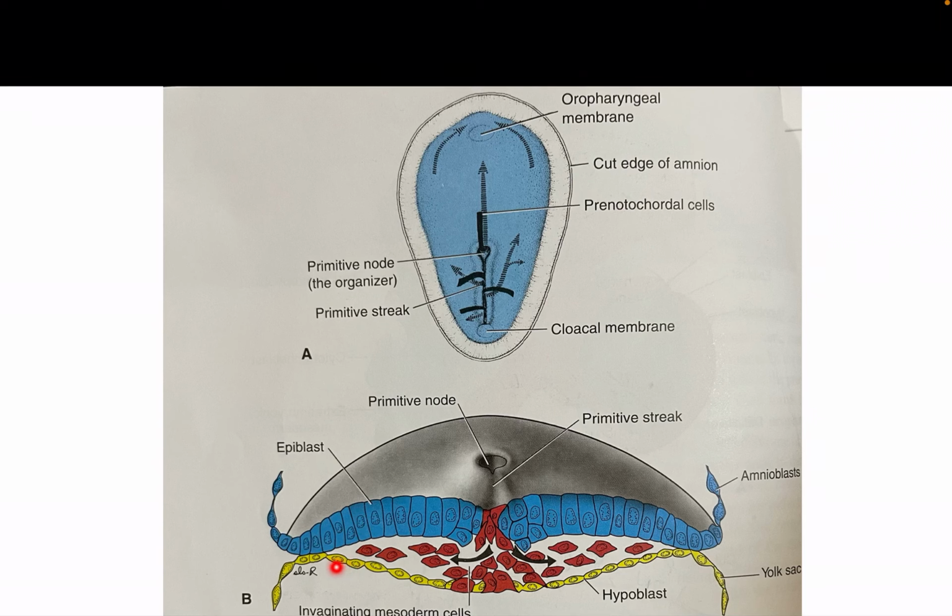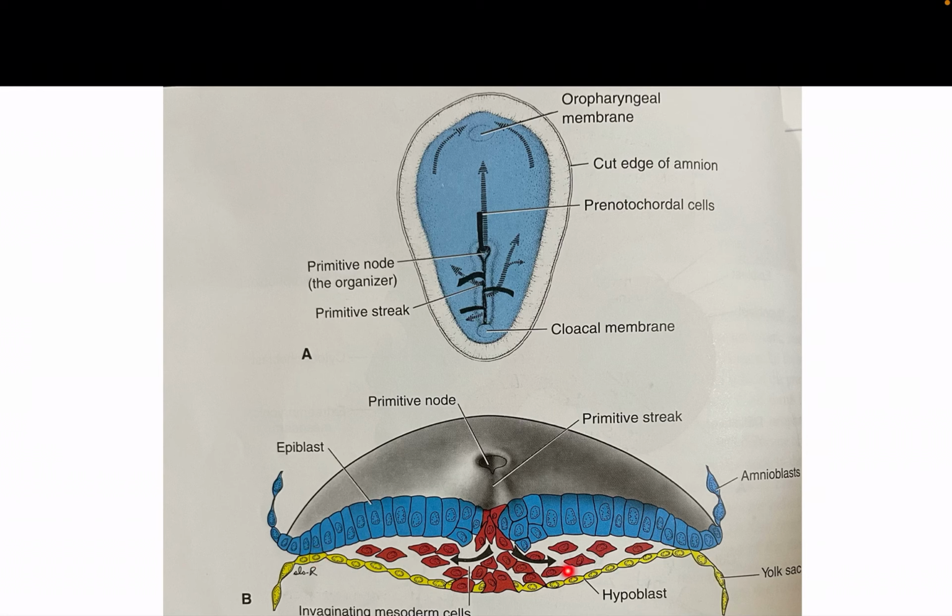Below are the cuboidal cells. The yellow hole is the hypoblast. There are 2 points where the epiblast and hypoblast are in contact with each other, that is the buccopharyngeal membrane. On the other side they communicate with each other, that is the cloacal membrane, like this.